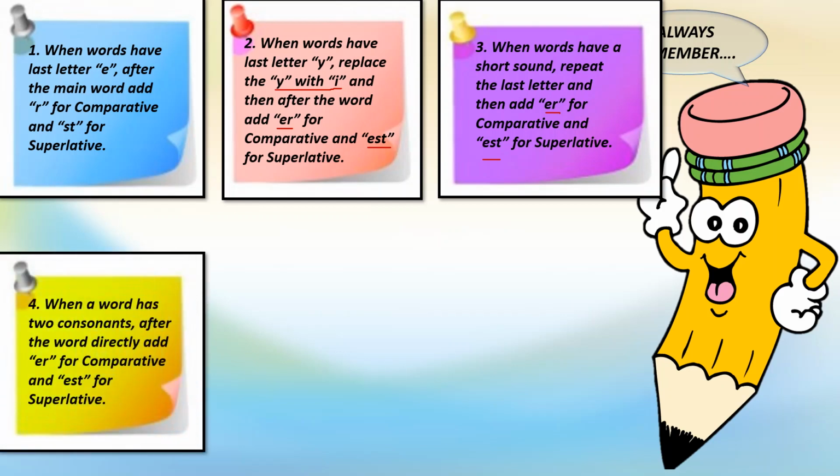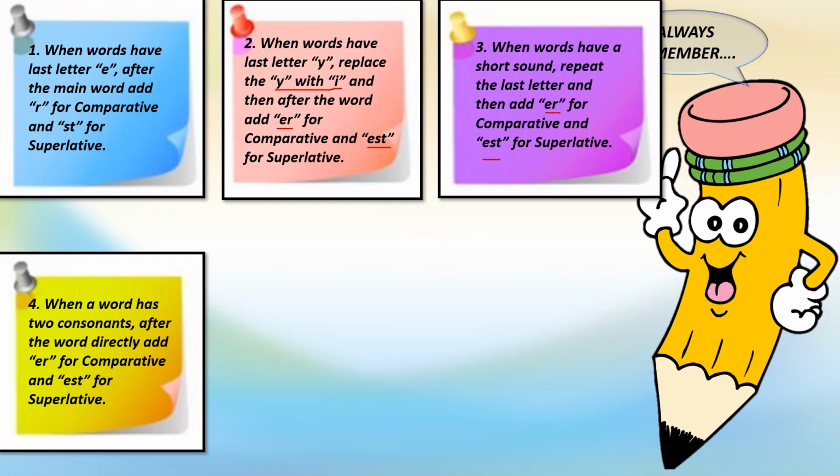Next, we spoke of rule number 4. When a word has 2 consonants, after the word directly add ER for comparative and EST for superlative.